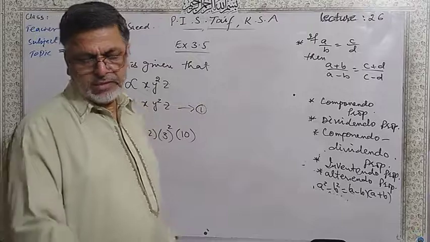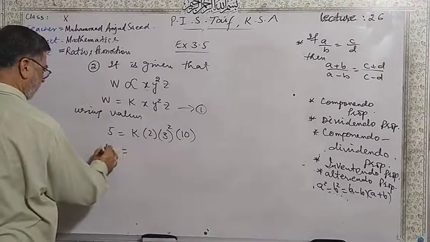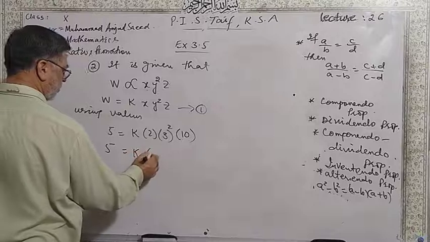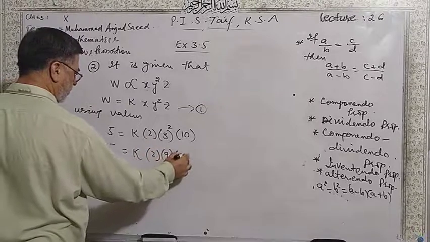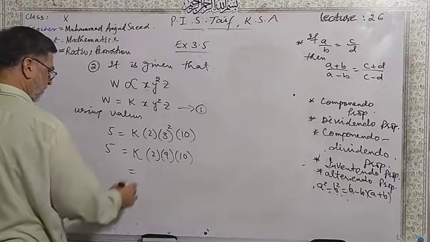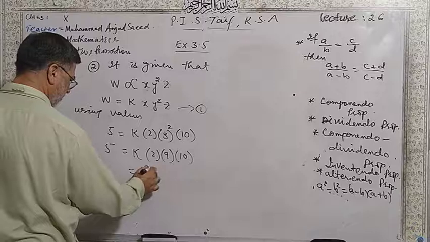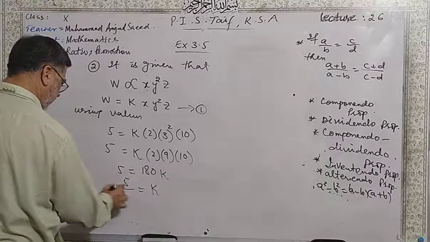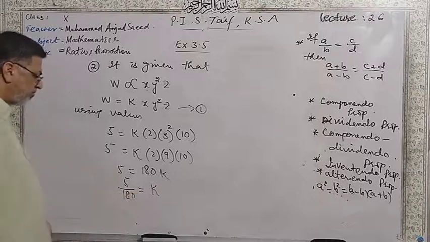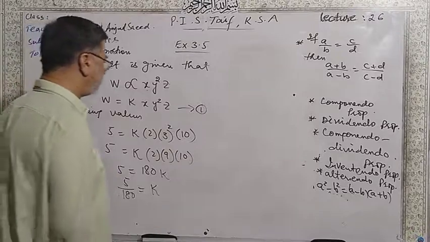So 5 is equal to k into 2 into 9 into 10. 2 9 is 18, 10, 180. So k is equal to 5 over 180. This is your value of k.